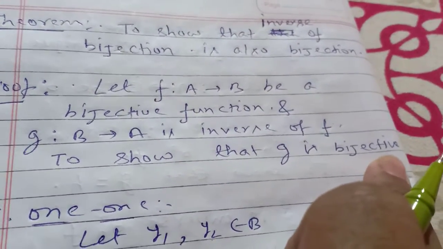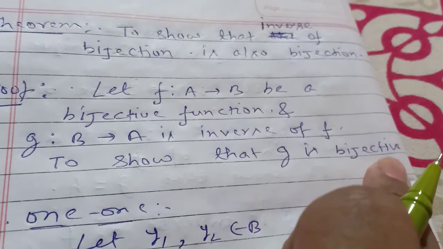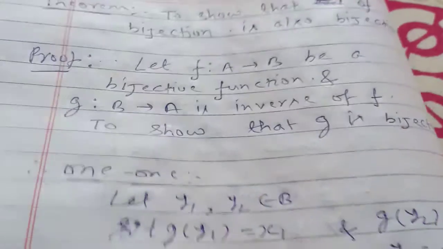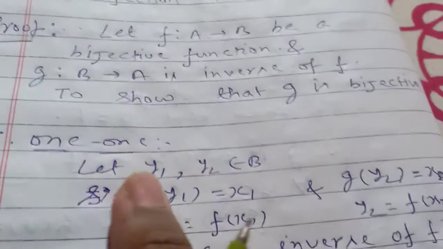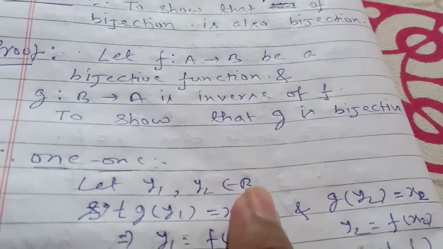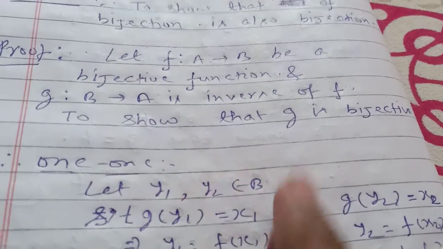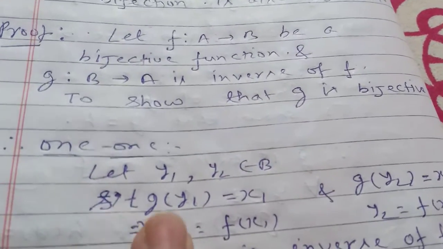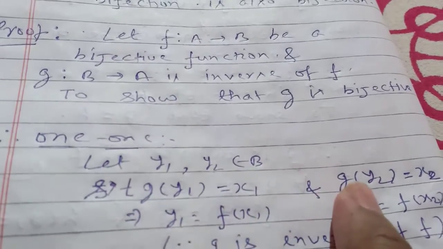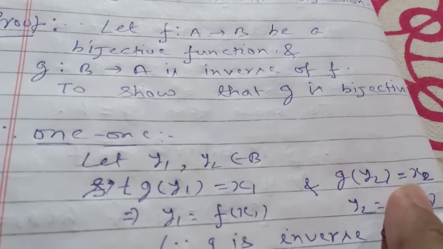For bijective, we have to show that g is 1-1 and g is onto. For 1-1, let y1 and y2 belong to B such that g of y1 is equal to x1 and g of y2 is equal to x2.